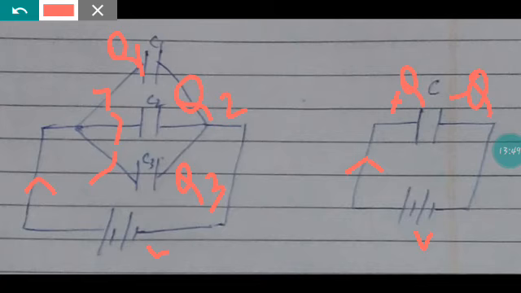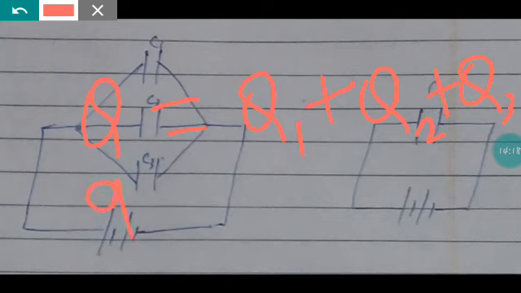In the same way for capacitor 2 and capacitor 3 it will be plus Q2 and minus Q2, and plus Q3 and minus Q3 respectively. Understood? So what can we write? We can write that the whole charge for the equivalent capacitor will be equal to Q1 plus Q2 plus Q3. If the symbol for the charge is small q, then small q is equal to Q1 plus Q2 plus Q3. Is that clear?